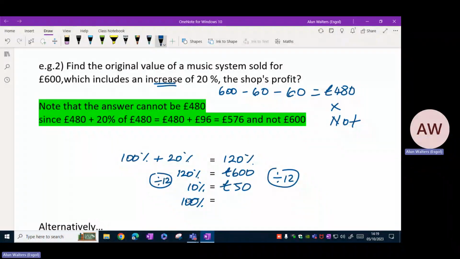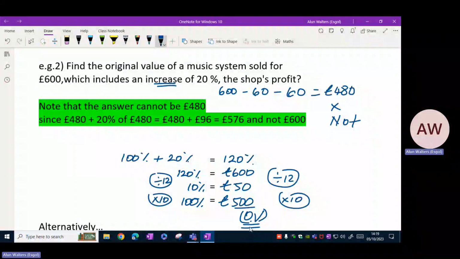So 10% is 50, but I want 100% because 100% is the original value, so I then end up saying multiply both sides by 10, and I end up saying that the original price was £500, the original value.